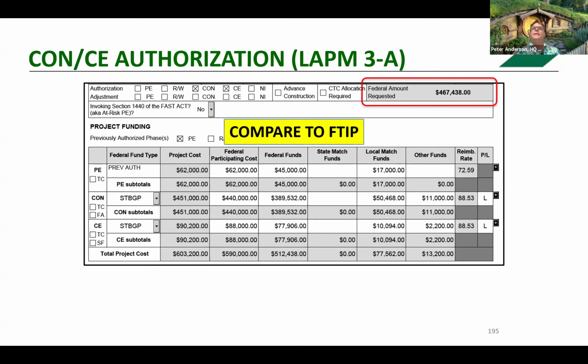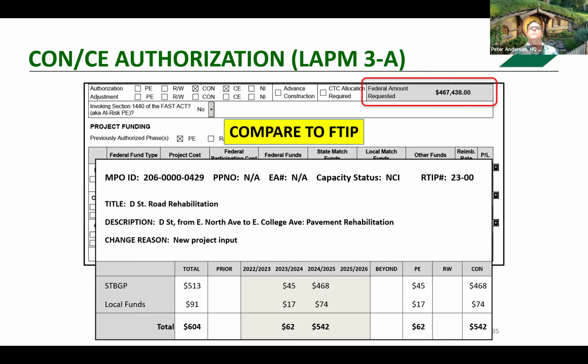And we want to compare that to our FTIP. Remember what our FTIP showed? 468,000. Look at that. We're right there. We are just under. So we have sufficient funds in the FTIP to cover this project and maximize our federal funds.